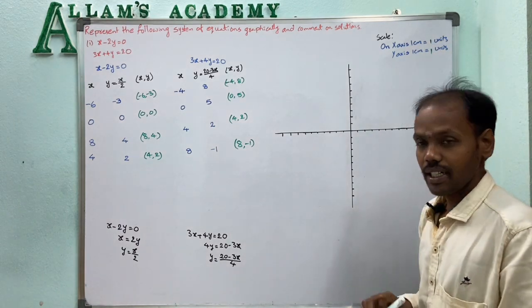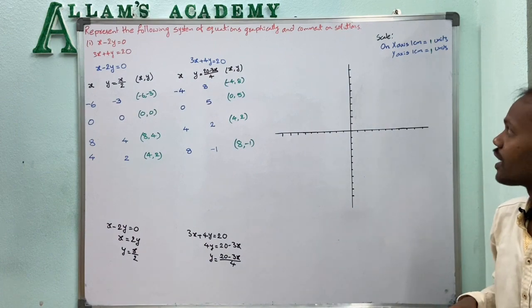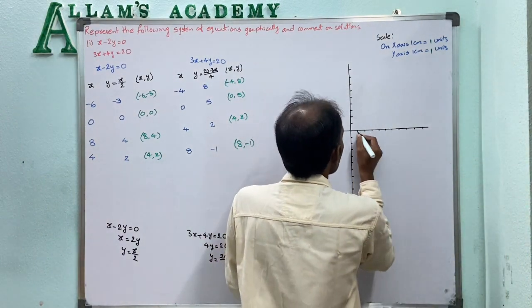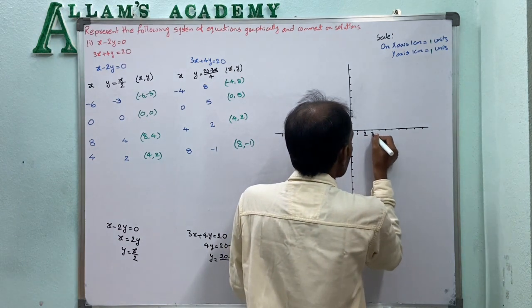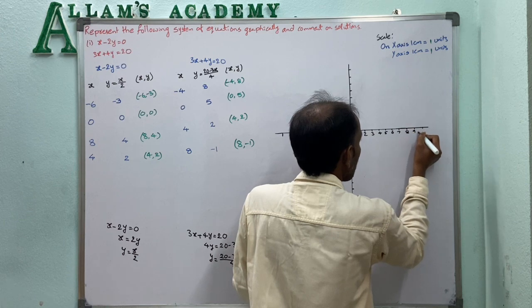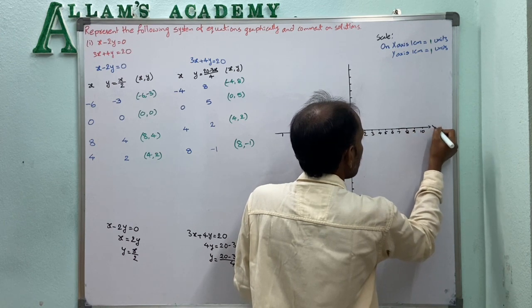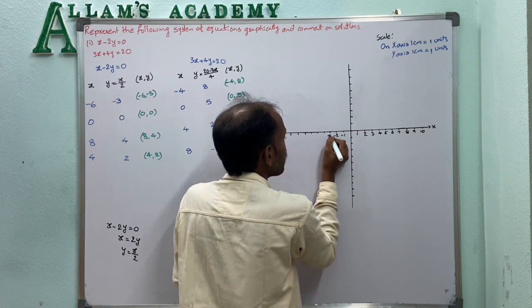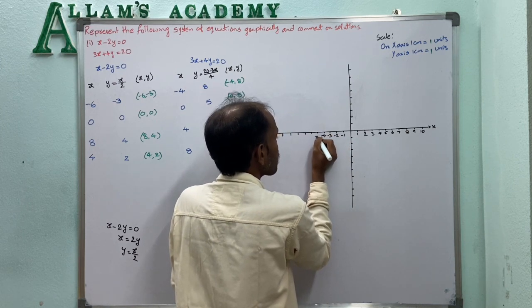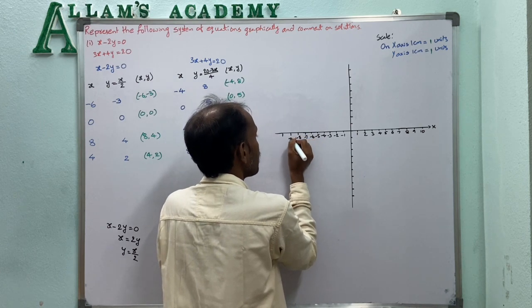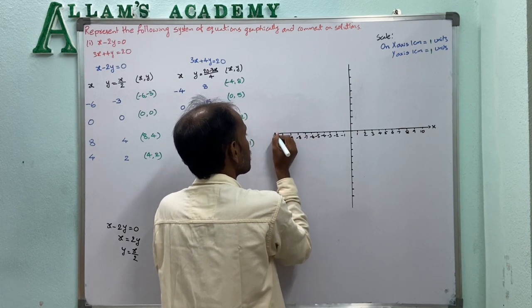On the right side we locate 1, 2, 3, up to 10. On the left side, negative numbers minus 1 to minus 10.